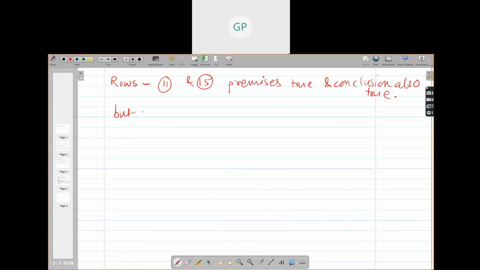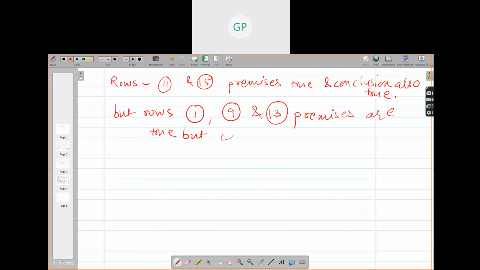But which rows were those? First row, 9th row and 13th row. Premises are true, but conclusion is false, right? Therefore contradiction, and therefore the argument is invalid.